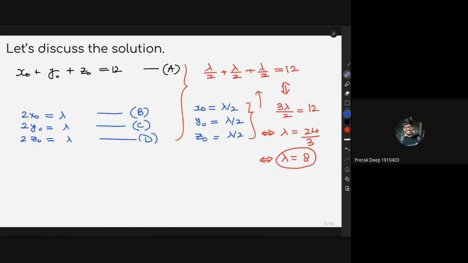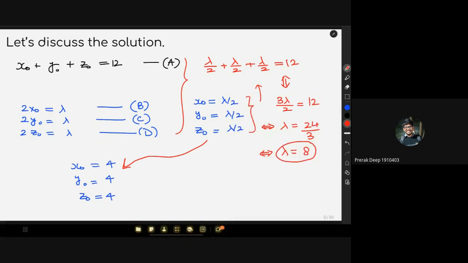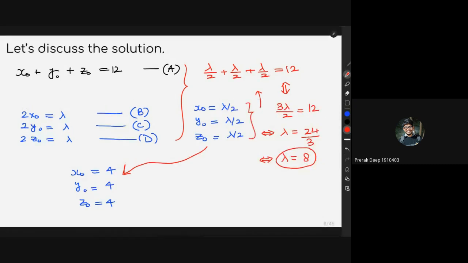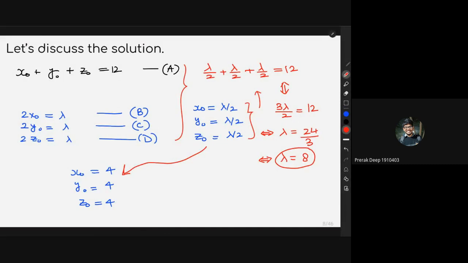Okay. So lambda is equal to 8. Now once I know the lambda, I can find out the point. So x naught is 4, y naught is 4, z naught is 4. From which equation? From this equation. Okay, I can find out the point x naught, y naught, z naught as well.